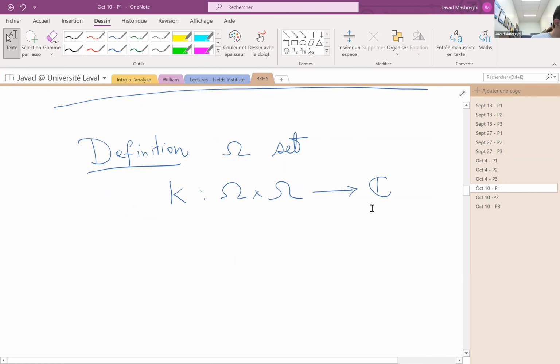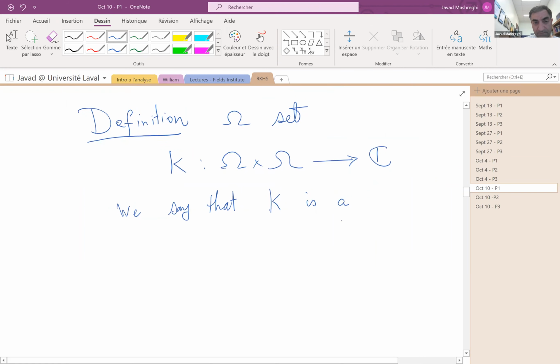We say that K is a kernel function if K is bigger than or equal to 0.